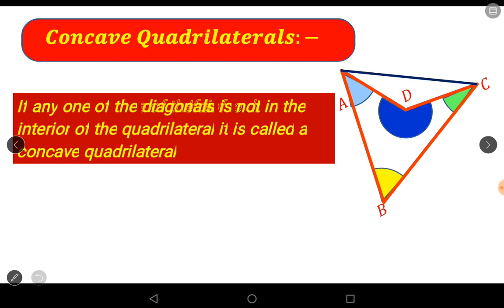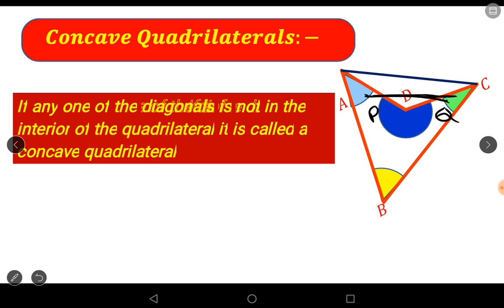Another way: take any two points in the interior of the quadrilateral, for example P and Q, and join them with the line segment. Not all points of the line segment are interior to the quadrilateral. So therefore this one is the concave quadrilateral.